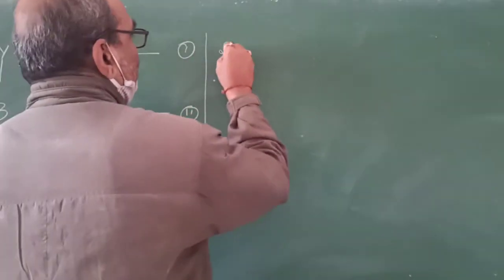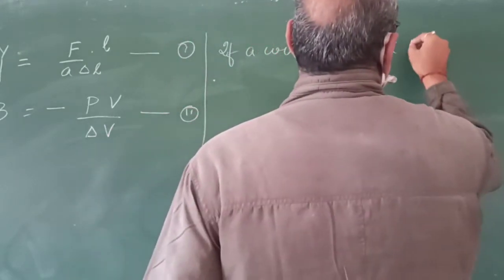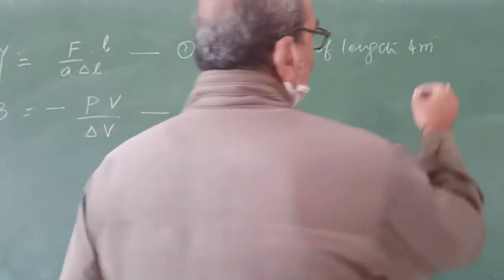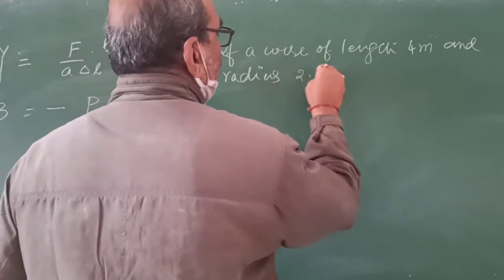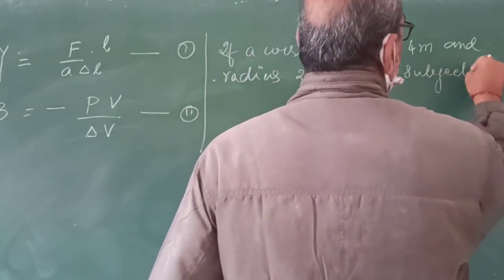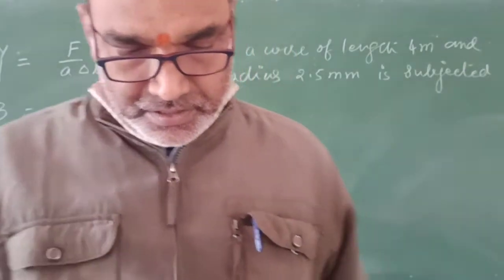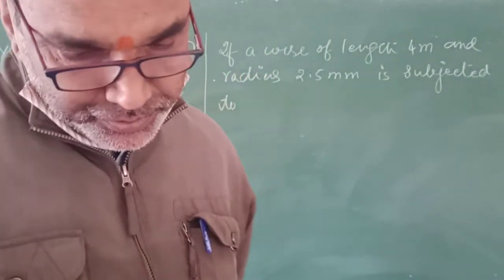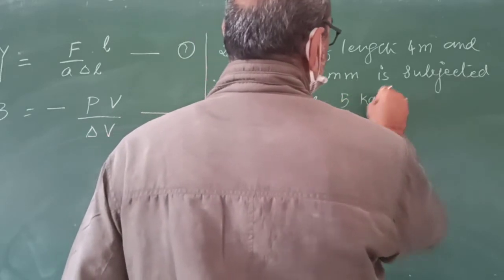A steel wire of length 4 meter and radius 2.5 millimeter is subjected to a force of 5 kg weight.